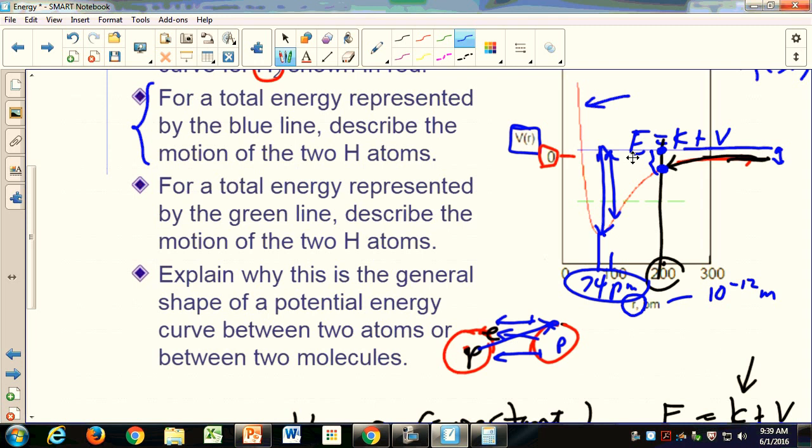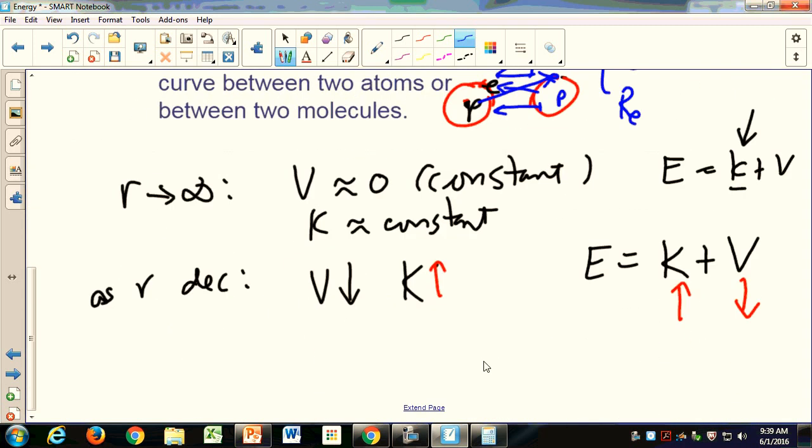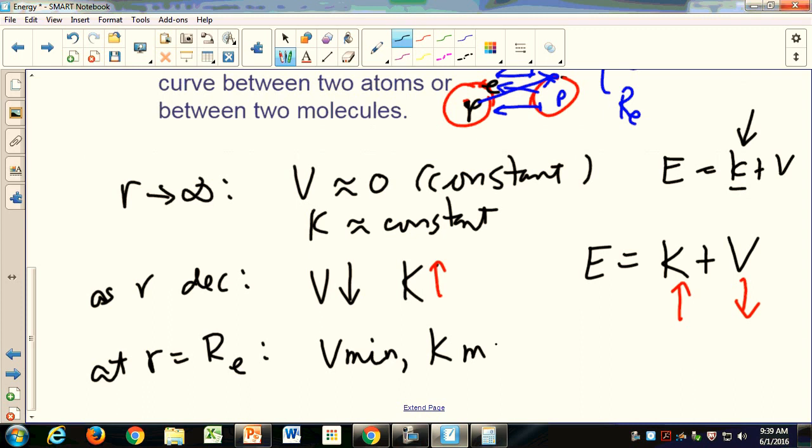This 74 picometers, we generally refer to as R sub E, the equilibrium internuclear distance. So at R equals R sub E, V is minimized, K is maximized. Right, maximum speed, maximum kinetic energy.